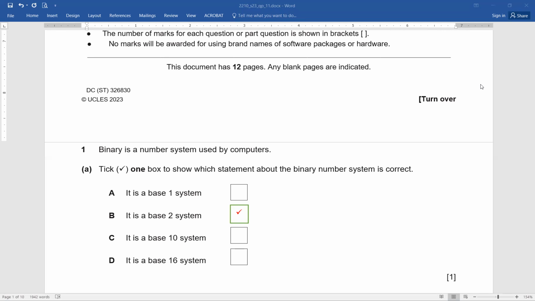By the way, just asking, base 10, which system strikes your mind? Okay, that's wonderful. It's the denary number system, which is understood by humans. Talking about base 16, which system is base 16? Yes, can you recall? That is correct.